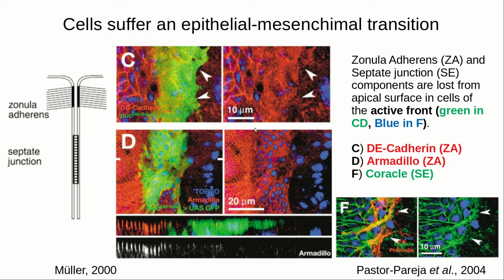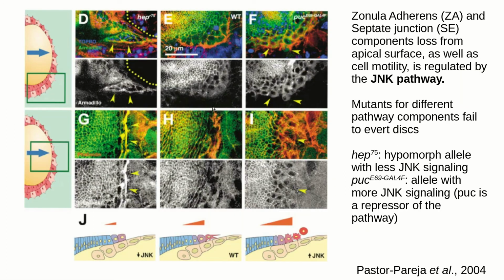They just disappear from the cell junctions. Here you can see from the lateral side the location of armadillo. And here they show the same thing for a component of the septate junctions, which is coracle. So these cells undergo a true epithelial to mesenchymal transition because they lose contact with each other, and they change the location of these proteins.